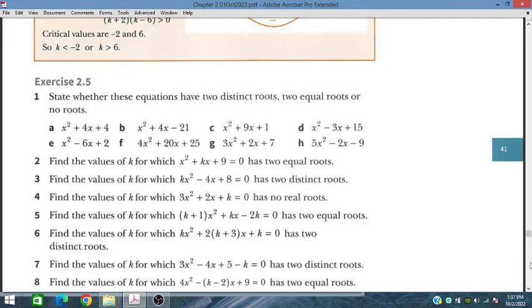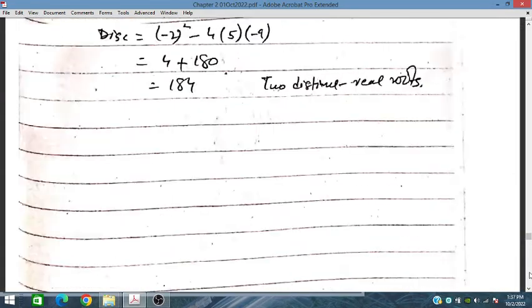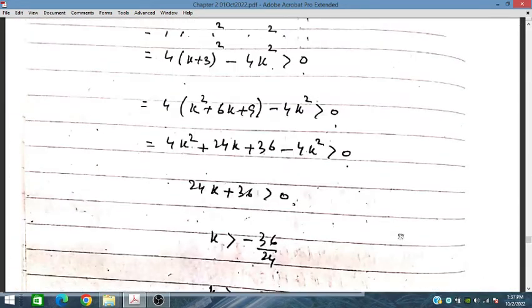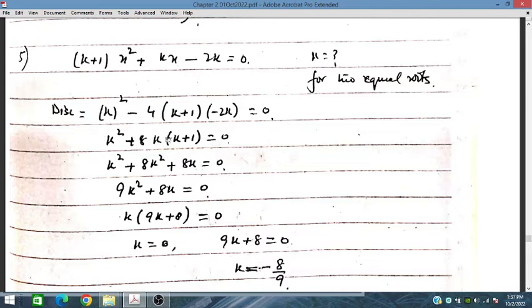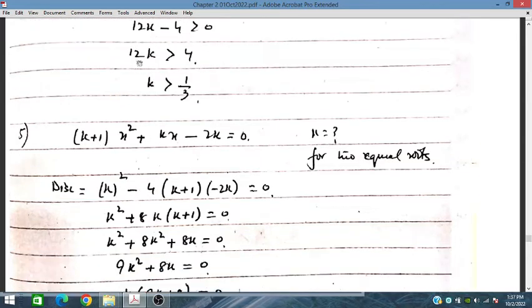So for problem number 5, we have to place the values in the discriminant.